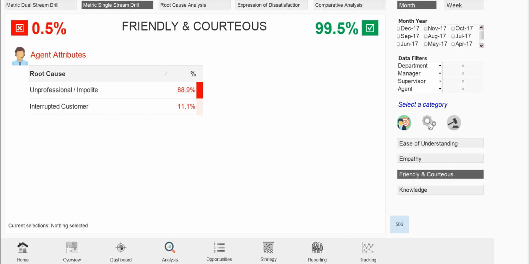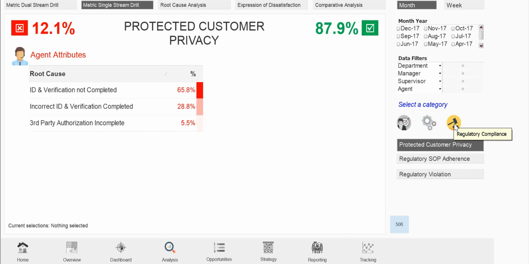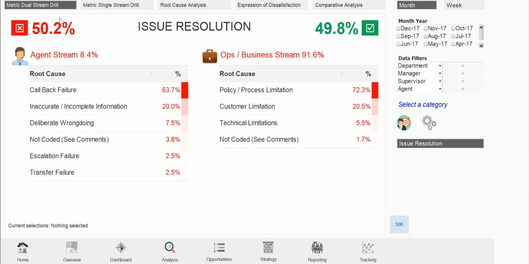When referring back to the example of issue resolution, you can see that 91.6% of the concerns impacting non-resolution is due to ops and business stream, and predominantly this is made up of policy or process limitations. Once you have identified this particular systemic issue, you can do further root cause analysis to understand the underlying issues impacting this particular area.